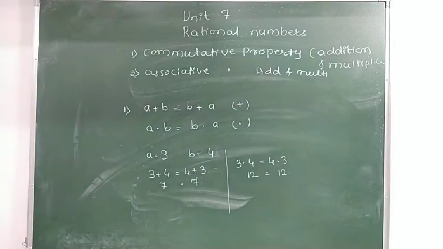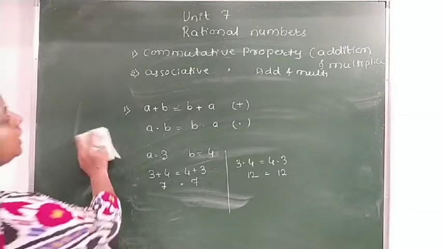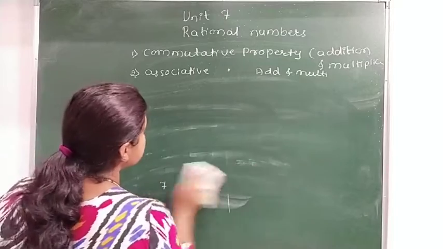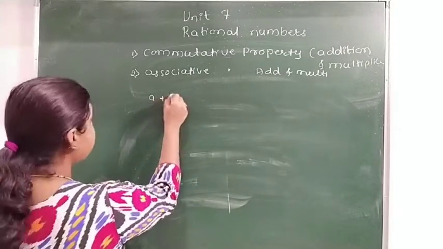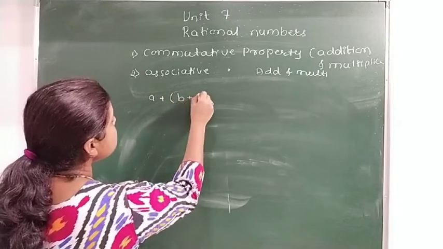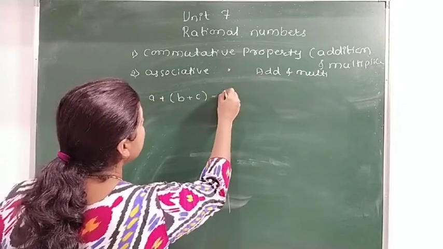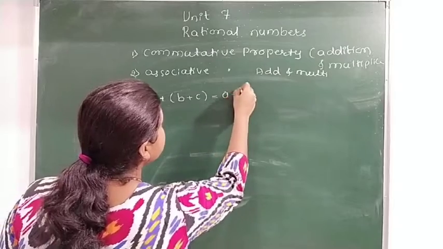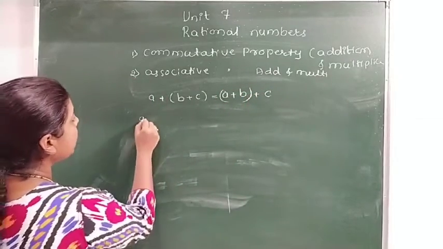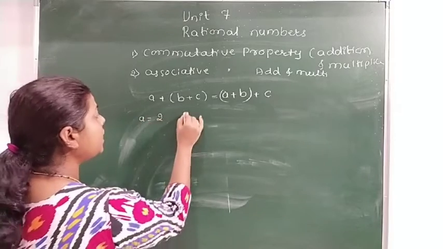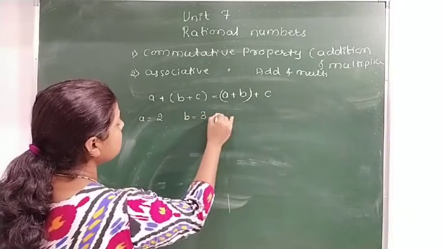In the associative property we have to take 3 numbers. That is, the associative property is (A plus B) plus C is equal to A plus (B plus C). Means A is equal to, we can take 2, any number. B is 3.